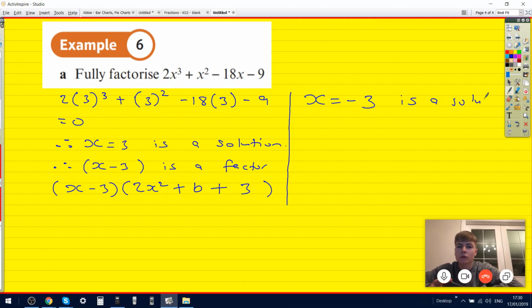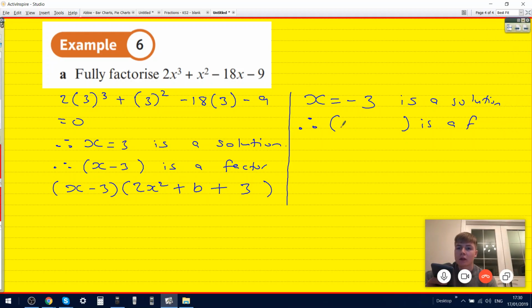So what is the second factor? x equals 3. No, close. In the bracket, the answer is x plus 3. Yes, x plus 3. And so if we go back to our bracket, we had x minus 3. We now have x plus 3. And so what must be the last bracket?